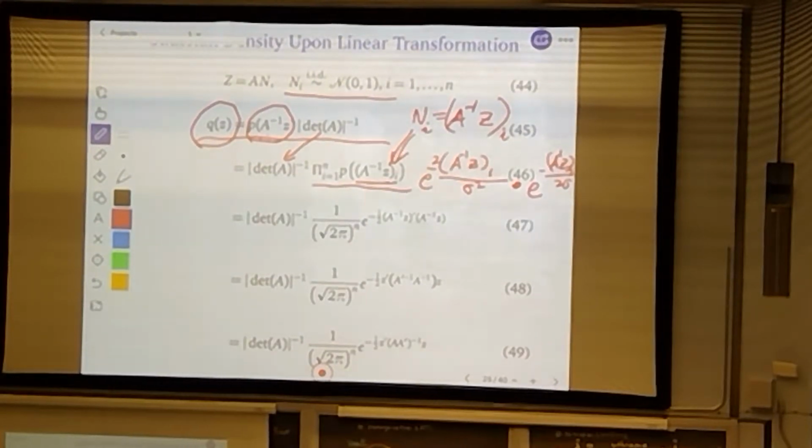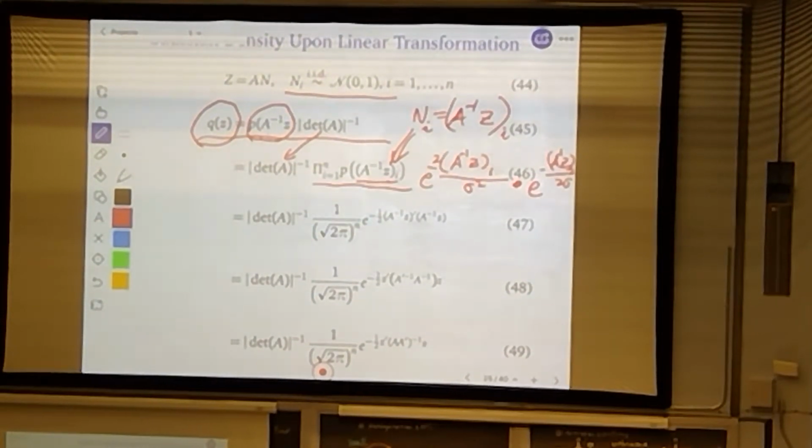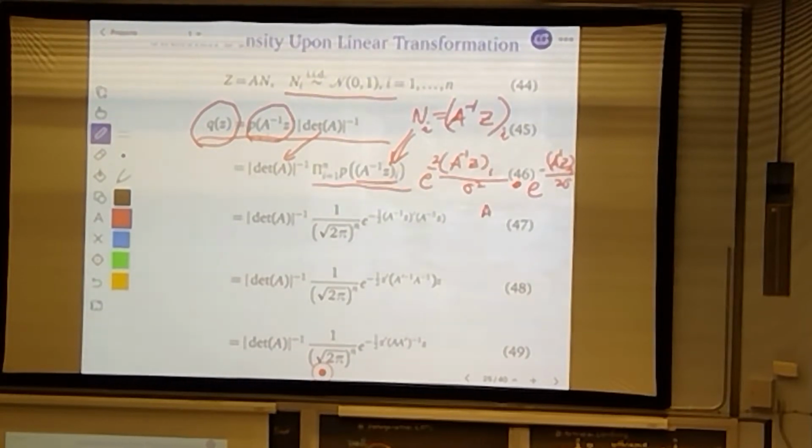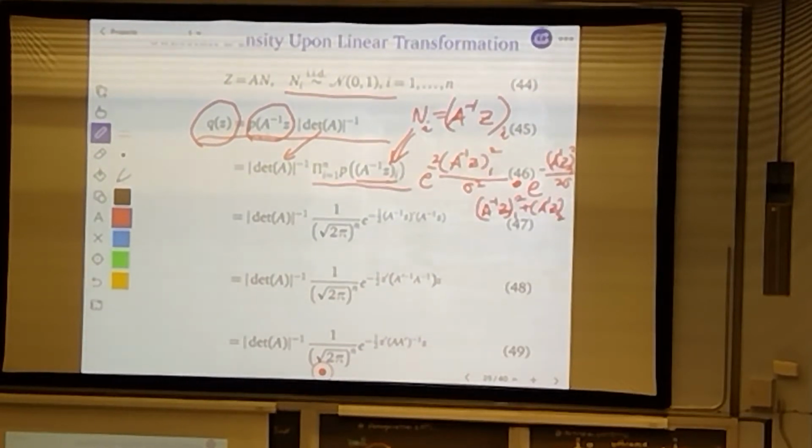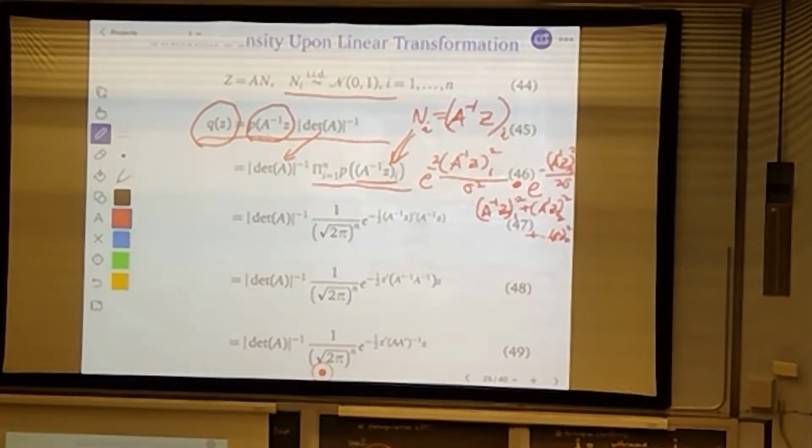Because they are multiplied together as exponential functions, it corresponds to these terms adding together. So it's A inverse Z, the first term, squared, plus A inverse Z, second term, all the way to the nth, squared, divided by sigma squared. And since you're adding all these terms together, A inverse Z is just an n-vector, so it's just the dot product with itself.